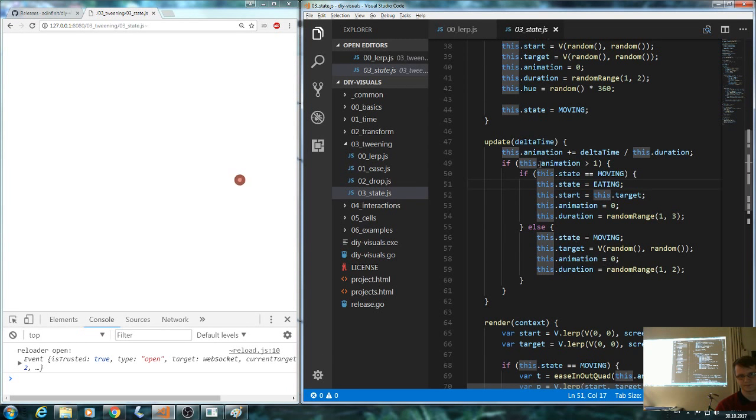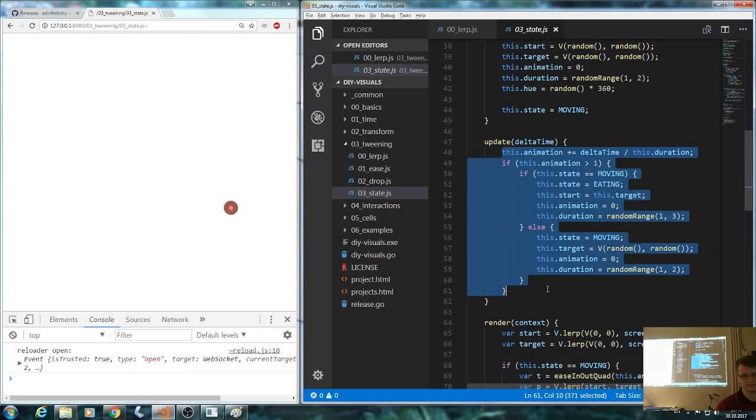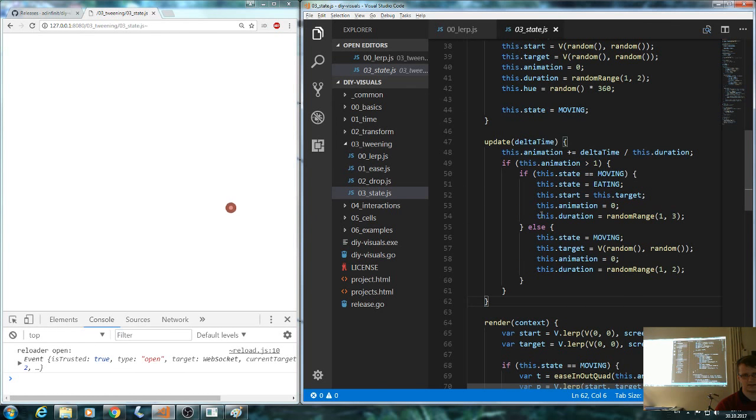So here we can see this brain, which is that it has this animation time: how long does it take to do this one current animation, and a state, that it's moving.